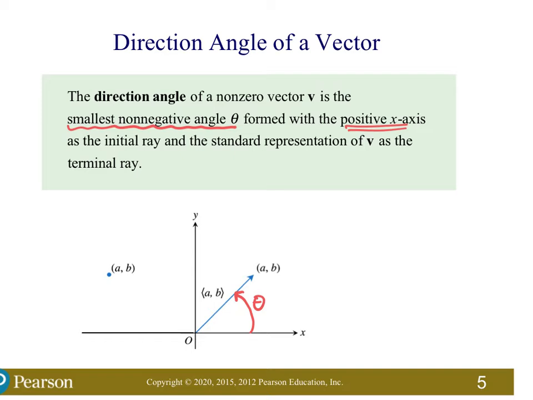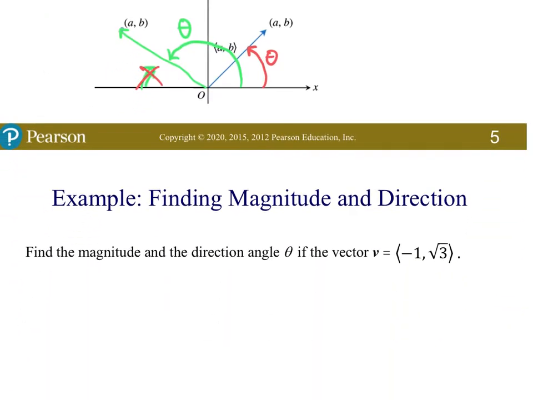But if our vector is in quadrant 2 or one of the other quadrants, the direction is not this direction, okay? First of all, it's going the wrong way, and secondly, it's not going from the positive x-axis, so that would not be correct. It's always from the positive x-axis going in a counterclockwise direction. That's the standard representation for the direction of the vector.